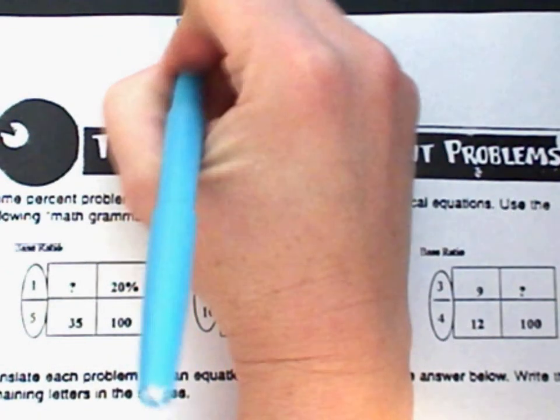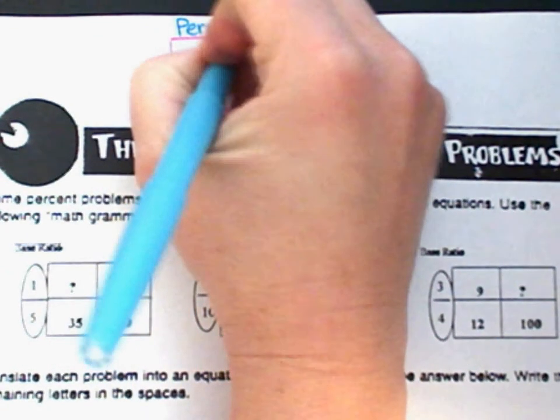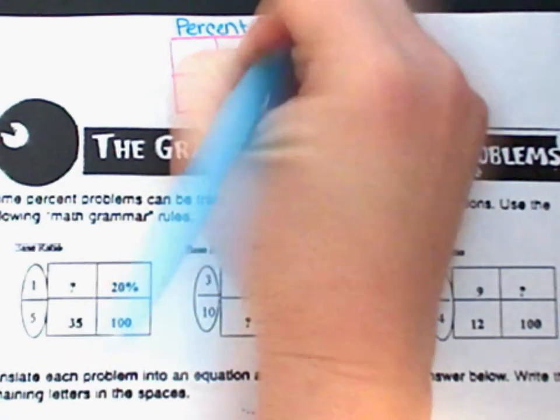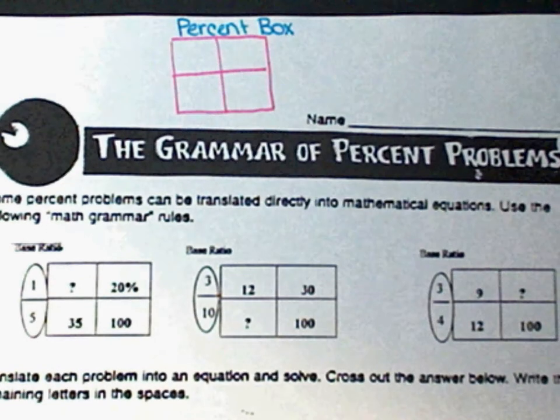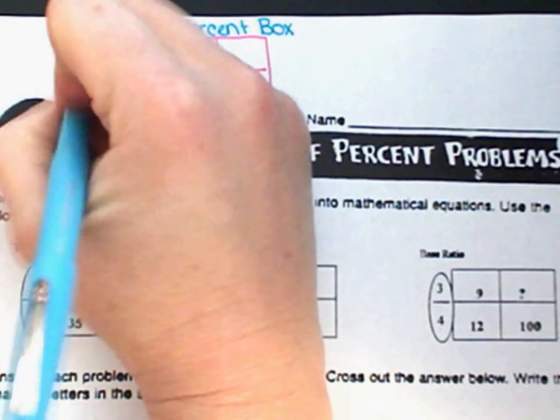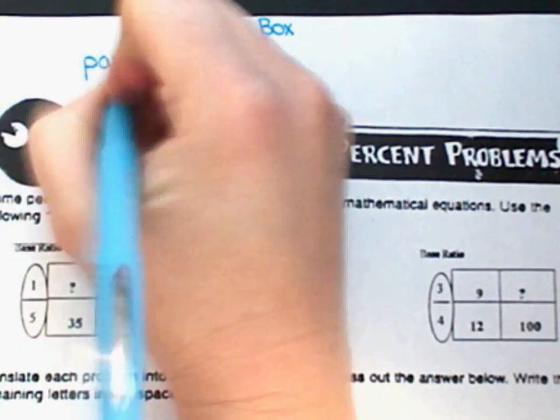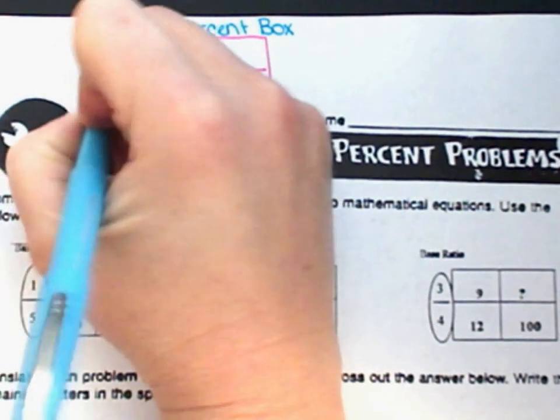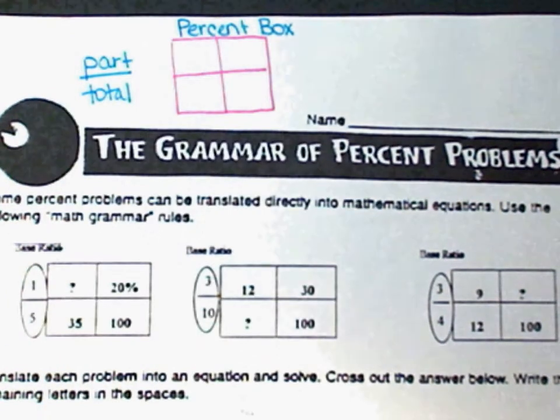This is a percent box. It looks similar to our proportion box that we used, but we're actually looking for a percent. We're going to label it with part over total, which reminds us, or should remind us, of fractions.